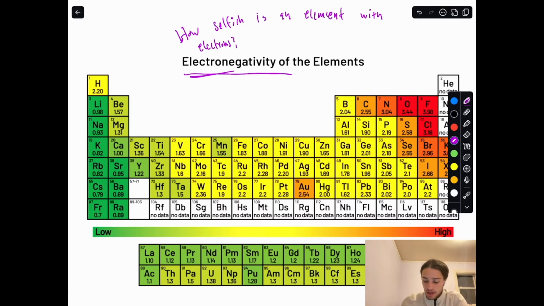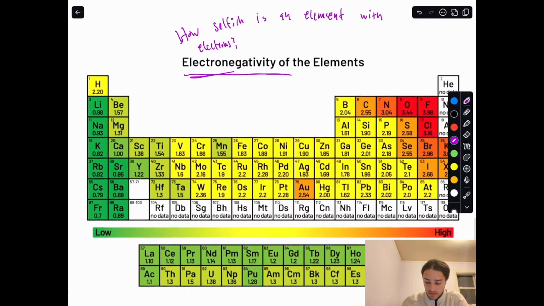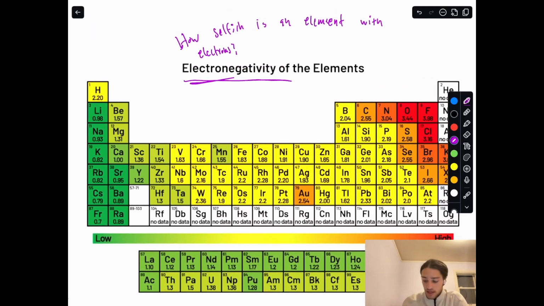Looking at our periodic table of selfishness right here, we can see that fluorine is the most selfish element with its electrons. And the elements on the left in this region are very unselfish. They're very willing to share.